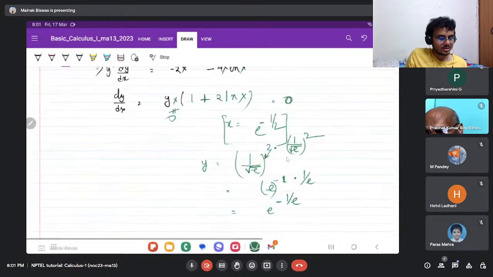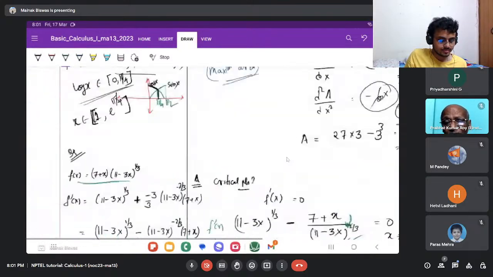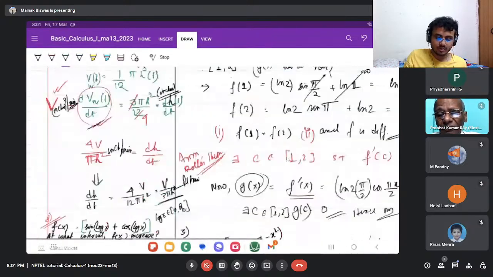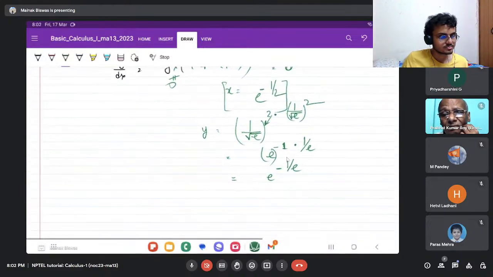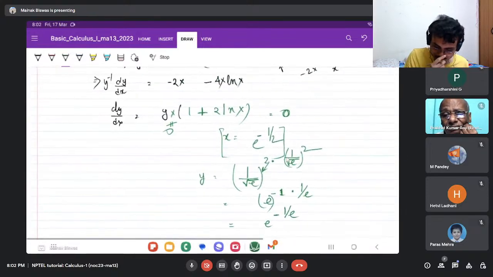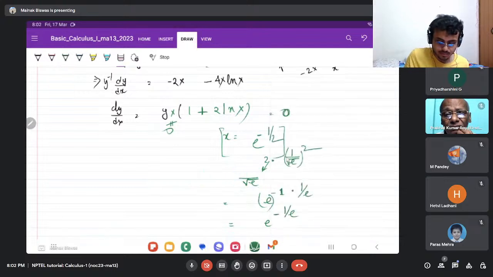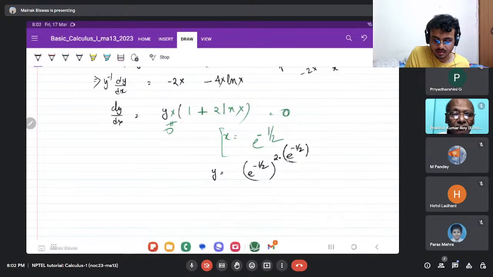I think this is root e, right? e to the power 1 by e. I think negative is not there, so let's see once more. So the x value is e to the power minus half. If x is e to the power minus half, what will be the value of y? e to the power minus half to the power 2 into e to the power minus half square, right?